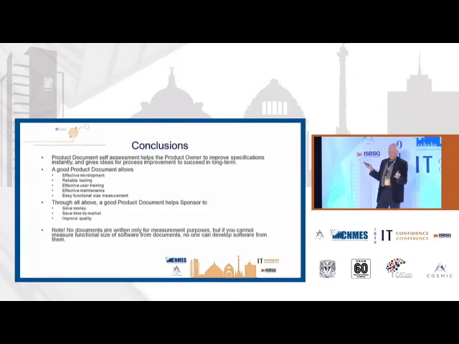It also allows reliable testing, effective user training, effective maintenance, and easy functional size measurement. So a good document is a good thing. And through all of the above, a good product document helps the sponsors to save money and save time to market.